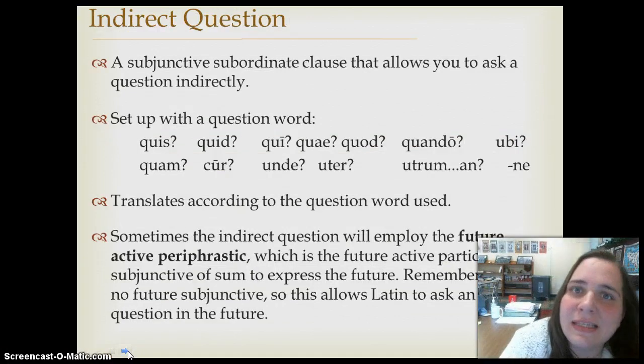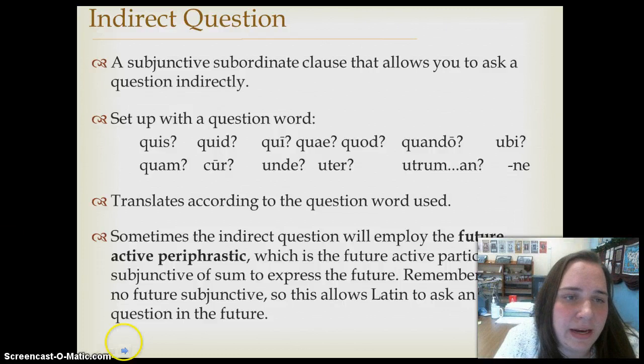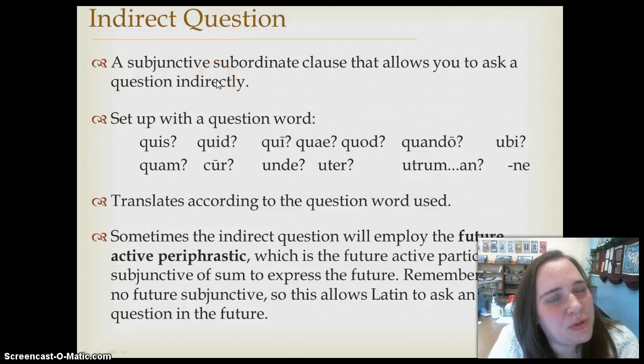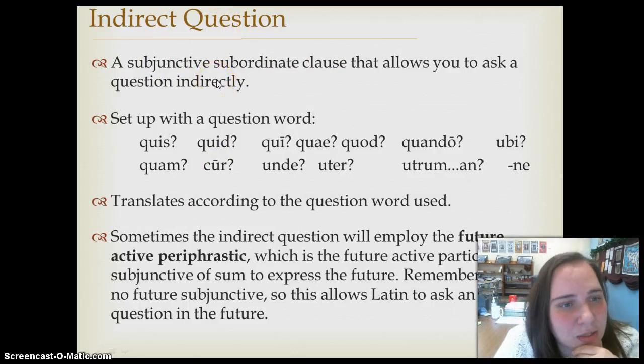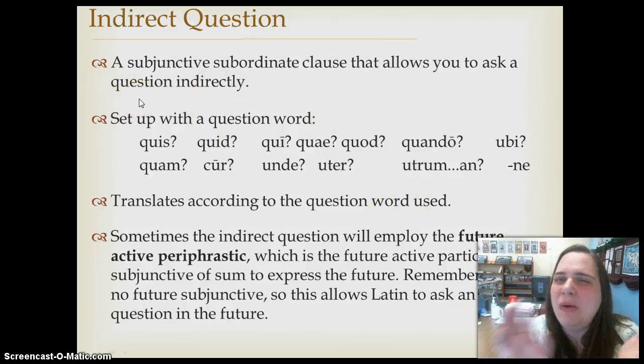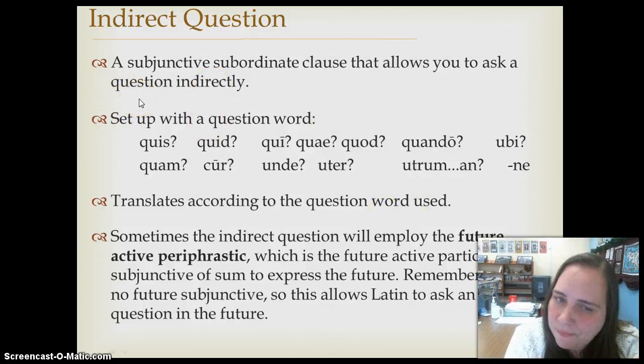The last conceptual thing I want to talk about in this video is one more subjunctive subordinate clause called the indirect question. Now, this allows you to, as you can guess, indirectly ask questions. And it's set up not with ut or ne or anything like that. It's set up with a question word, okay?